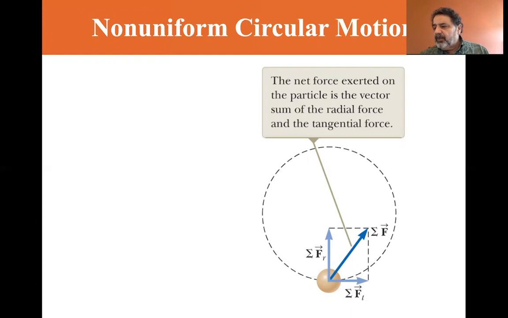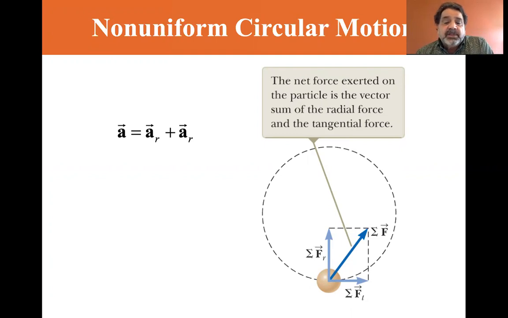But here we're talking about both a radial force directed inward, and a tangential force. So the total acceleration will be the radial acceleration, which is the centripetal acceleration, and the tangential acceleration.